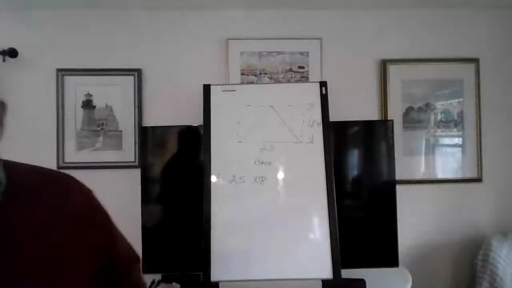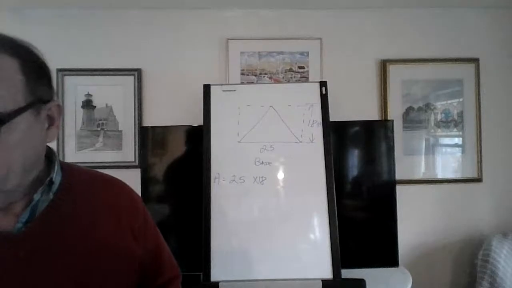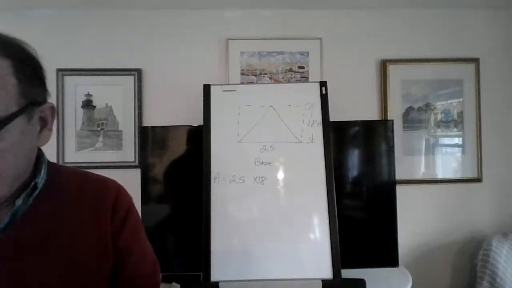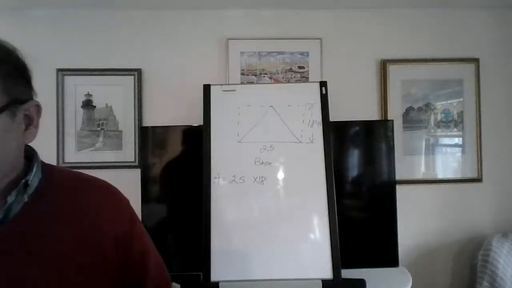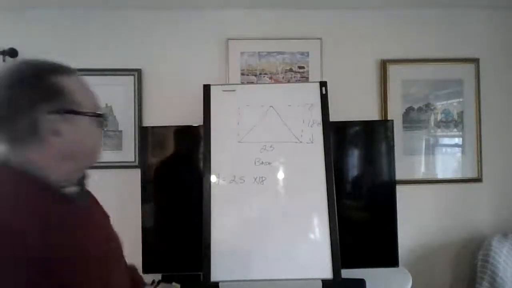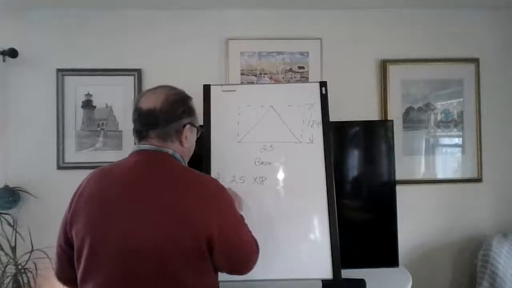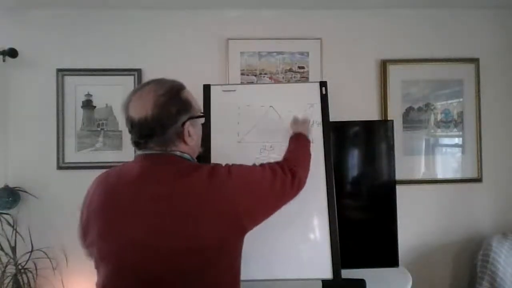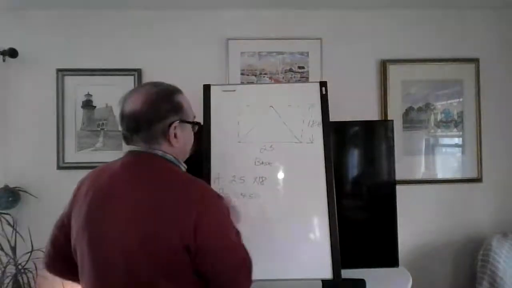Since I just made it up, I don't have this answer yet. 18 by 25 is 450.